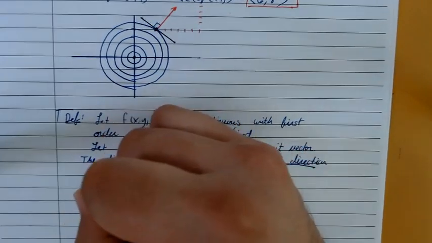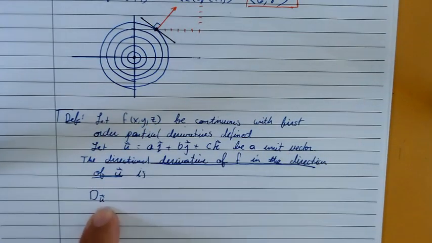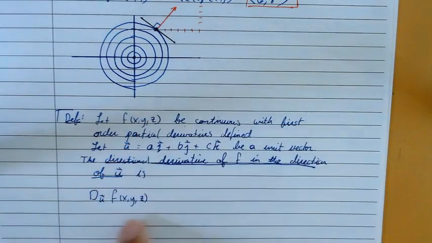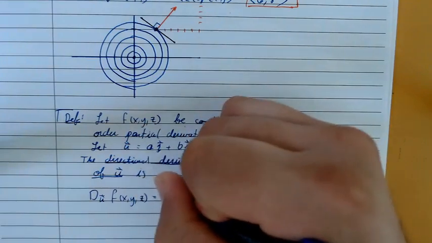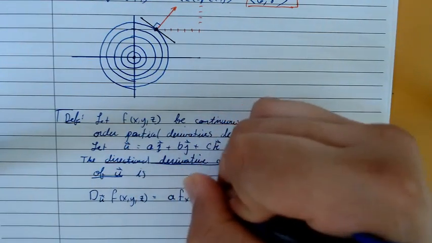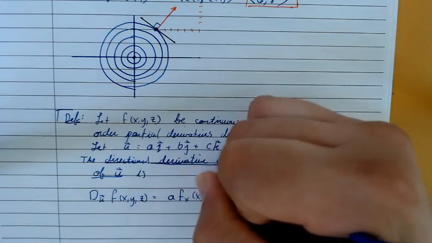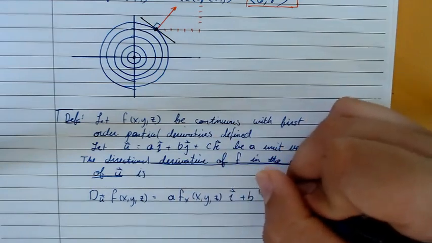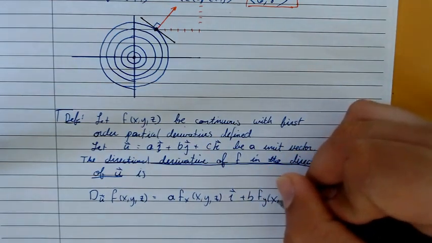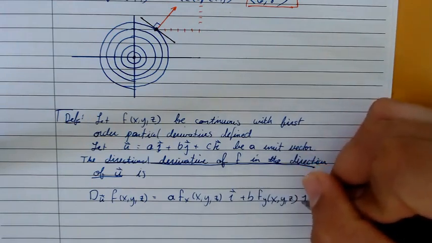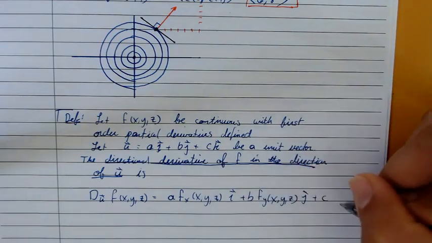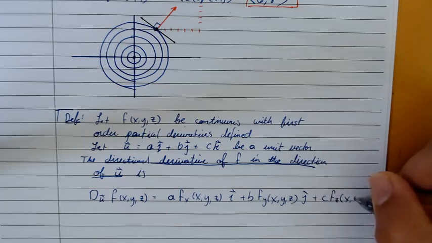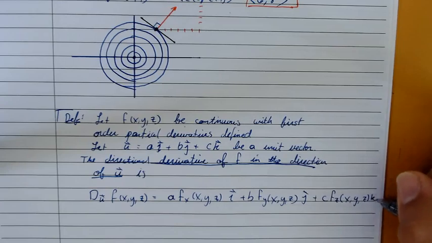It's going to be D sub u, so the directional derivative in the direction of u of f at x comma y comma z. You have a third component. That's going to equal a times f sub x at x comma y comma z i plus b times f sub y at x comma y comma z j plus c times f sub z at x comma y comma z k.